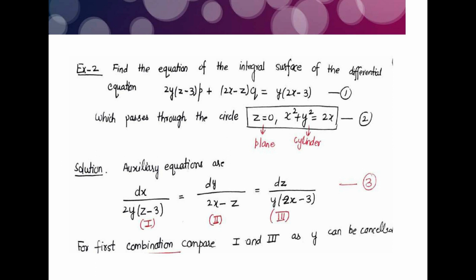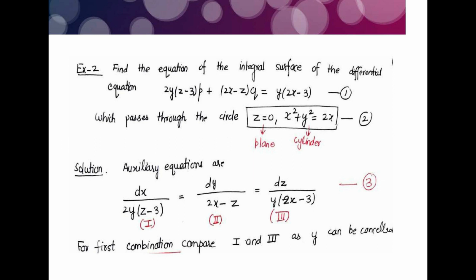So we write down the auxiliary equations corresponding to partial differential equation 1, which I am writing as 3: dx upon 2yz minus 3 equal to dy divided by 2x minus z equal to dz upon y times 2x minus 3. I am denoting these three ratios as 1, 2 and 3.